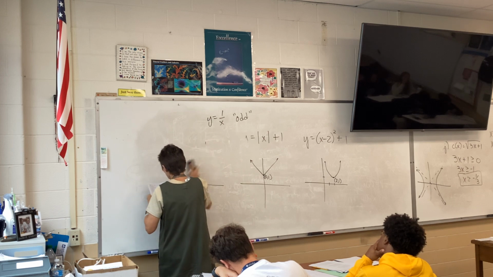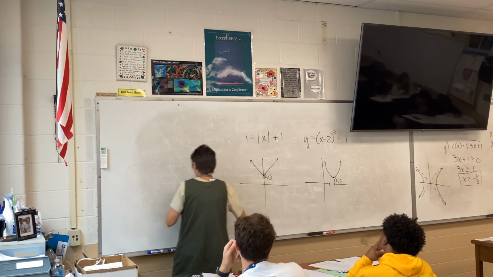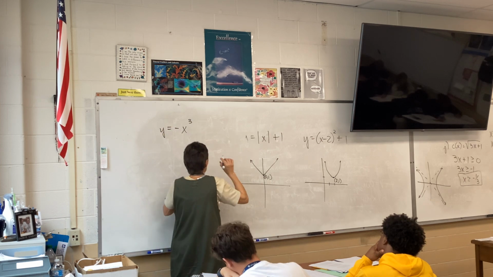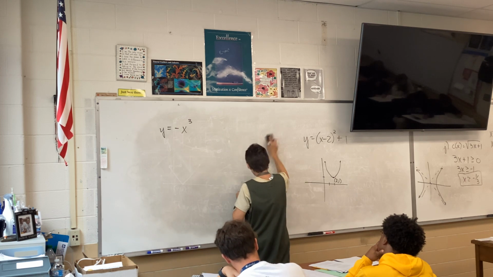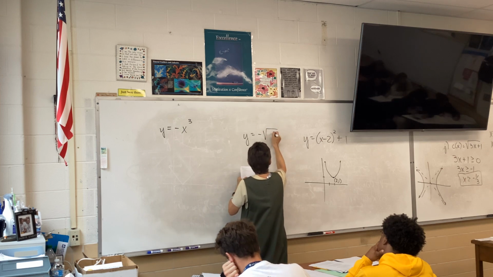All right, let's look at these next ones because they involve negatives now. So another kind of transformation is a reflection. And a reflection is what happens when you stick negatives into your problem.